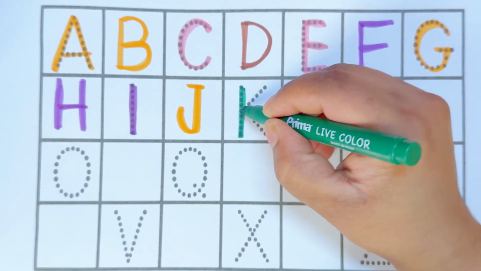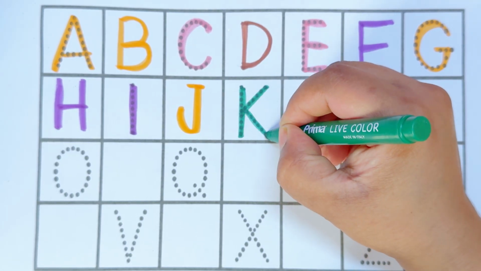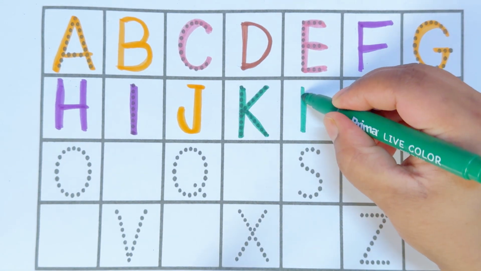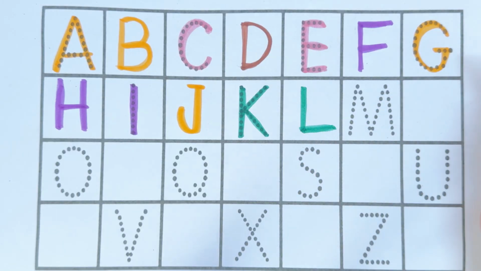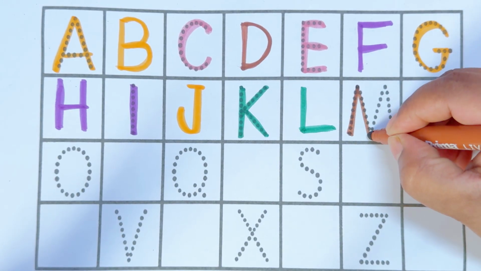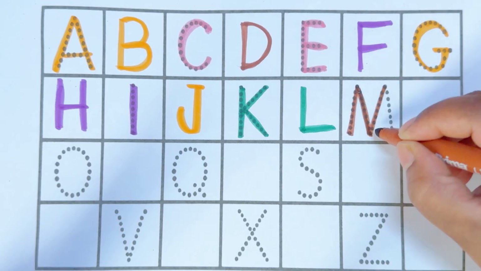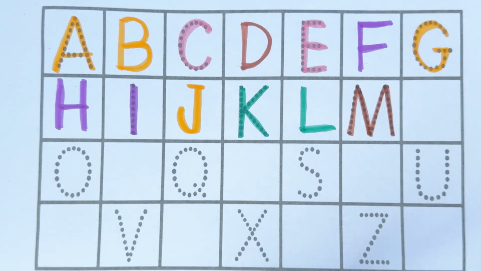K for kite, K for kingfisher. L for lion, L for lemon. M for mouse, M for mosque.